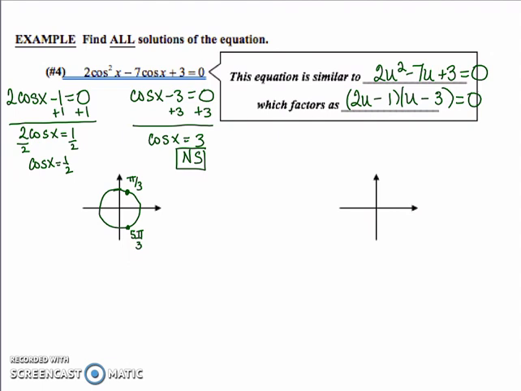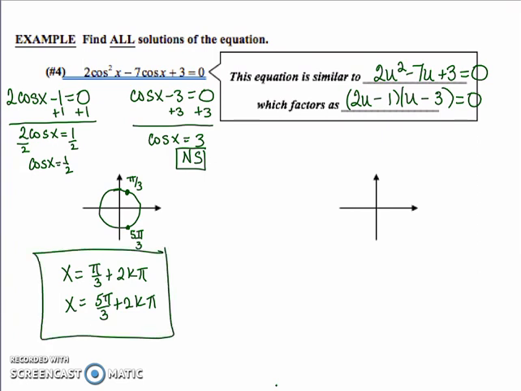So my answer here is going to be x equals pi over 3 plus 2k pi, and x equals 5 pi over 3 plus 2k pi. And this coordinate plane over here would have been for my other equation, but since cosine of x was equal to 3, that's going to be no solution.